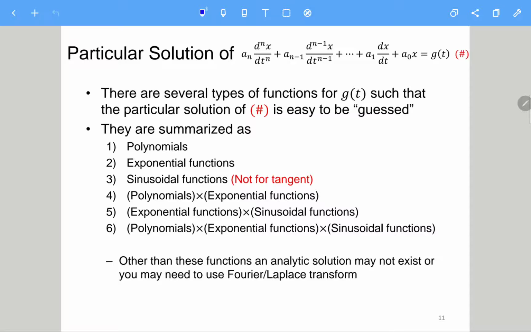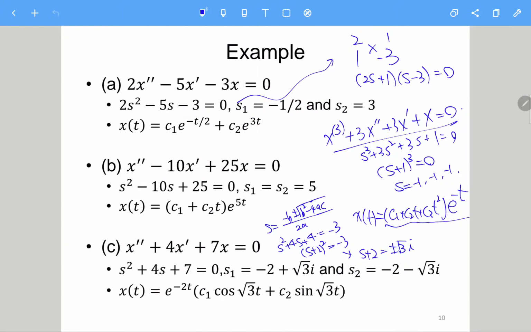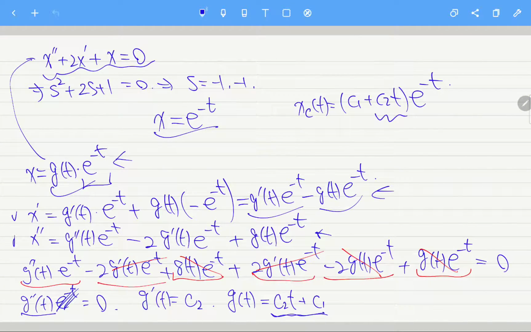Okay, so next part is to talk about how to find the particular solution. For this part, you definitely need to remember something. But actually it follows some logic like this case.